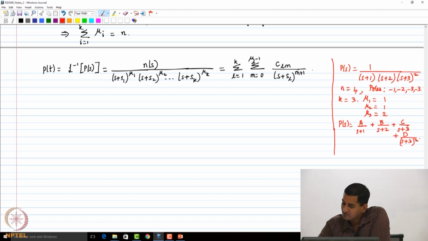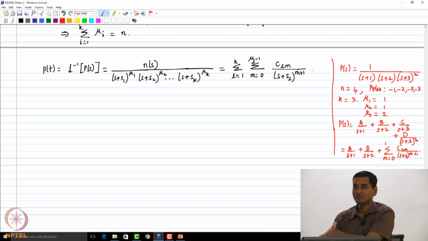So essentially what we have done here is A by (s + 1) plus B by (s + 2) plus the C term, where I take m equal to 0 to 1, of some C_3m divided by (s + 3) whole to the power m plus 1.